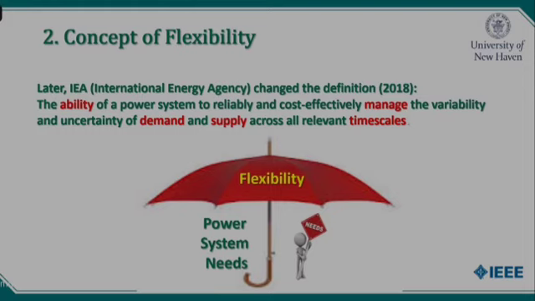This interesting definition has important keywords, again in red. You can see again, flexibility is an ability. And ability for what? This time again for management. Management of what? Uncertainty on both demand and supply side.